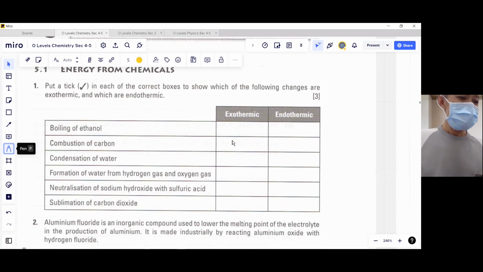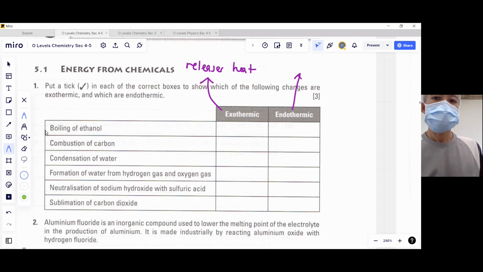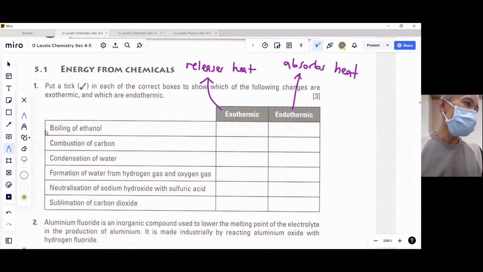You say gain heat? Okay, at the very least, don't screw up this definition.